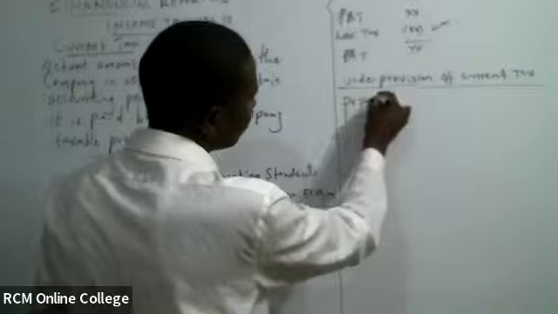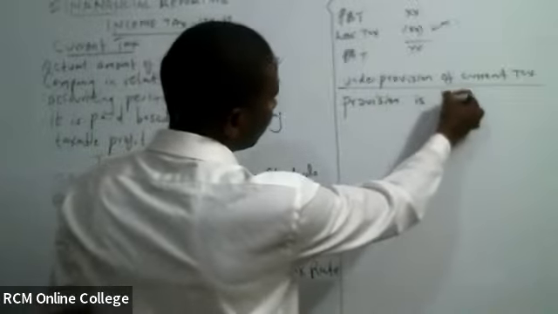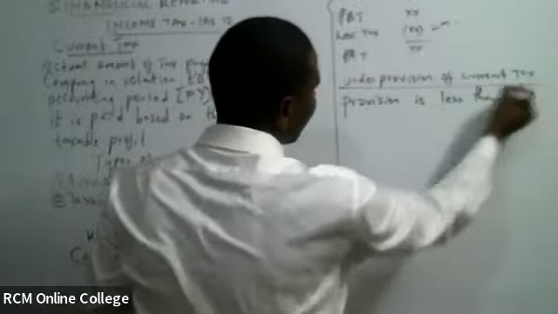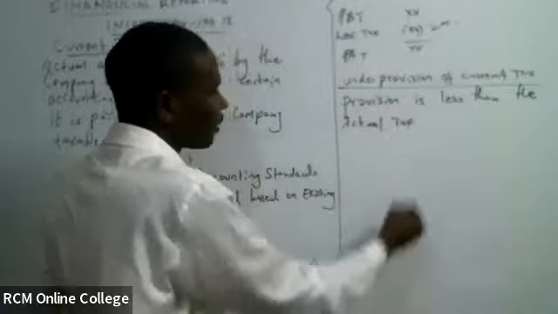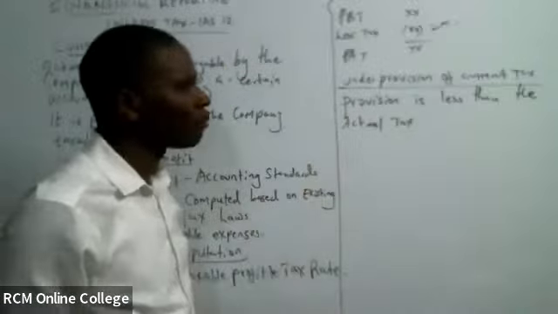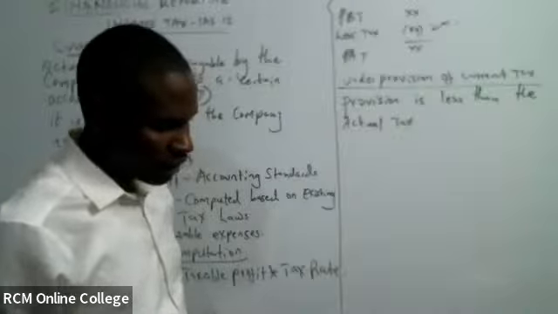So can they correct this? Provision is less than the actual tax. So under provision of current tax, you find that the provision is less than the actual tax.